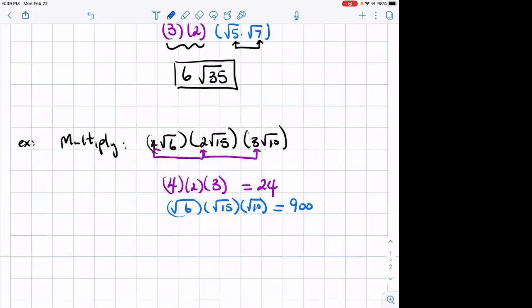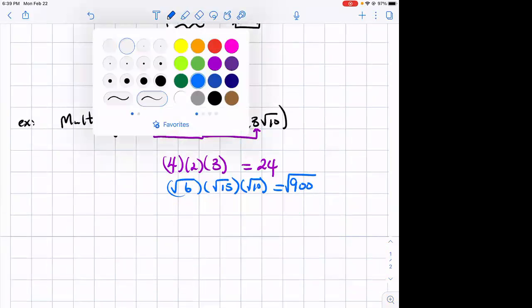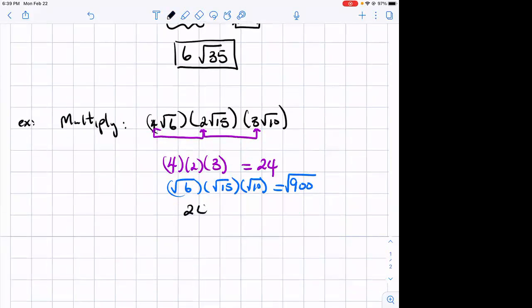So this is the root of 900, and our answer is 24 times the root of 900.